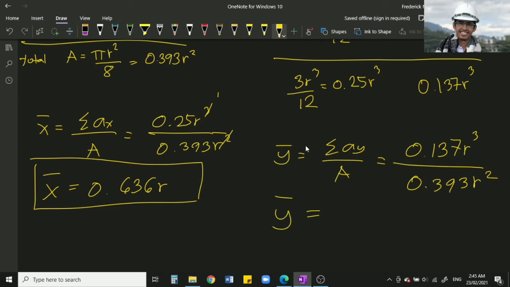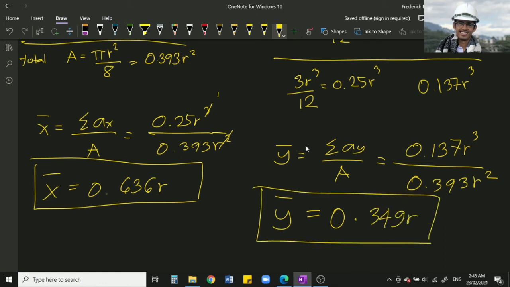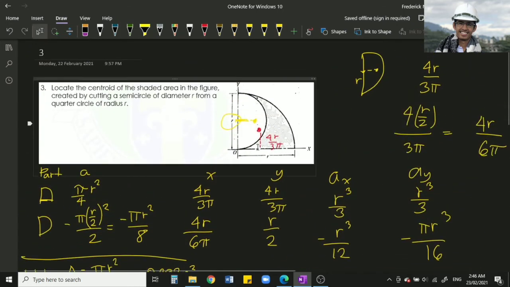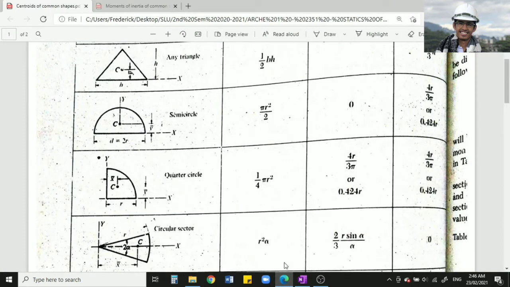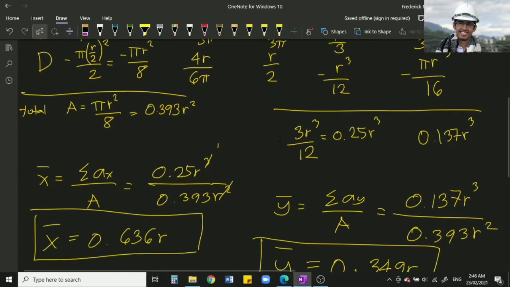Therefore, our bar y will be 0.349 r. Okay, so it's easy. Our solution is just repetitive, as long as we know how to get the centroid. You can always refer to our table.